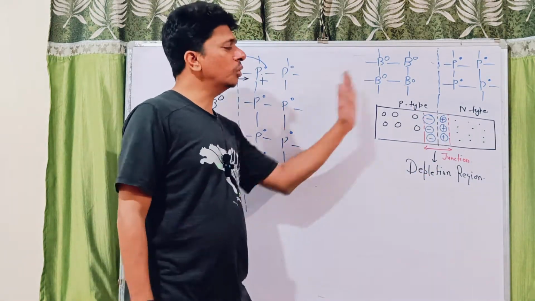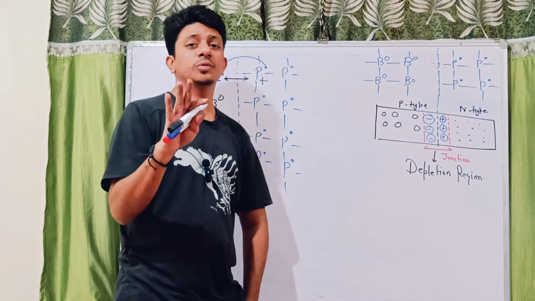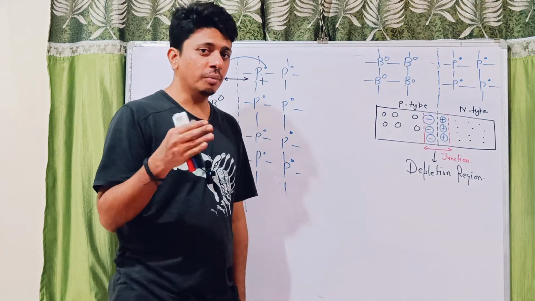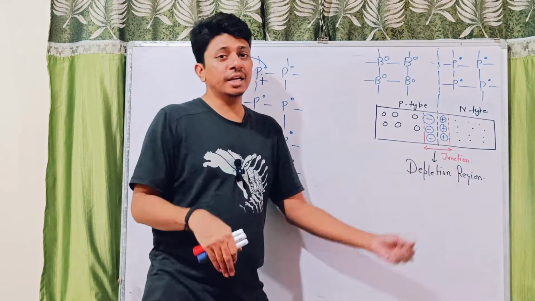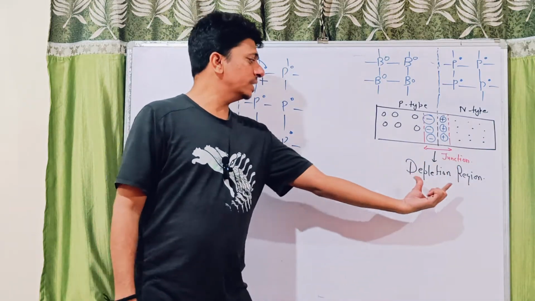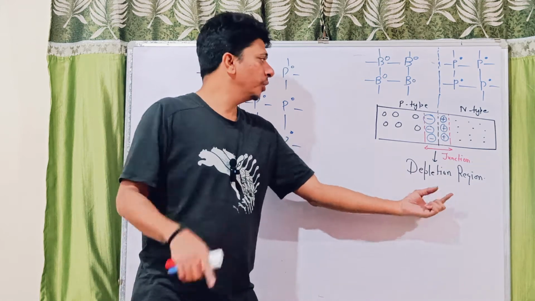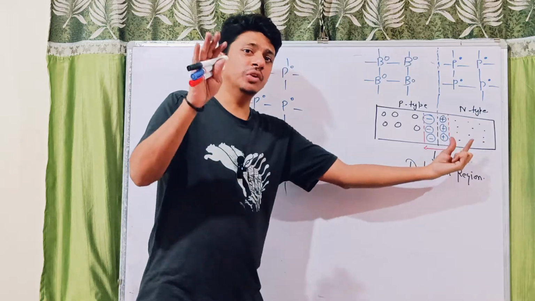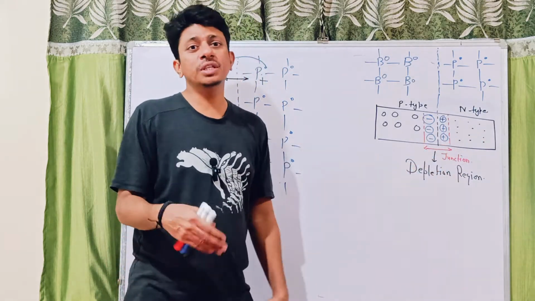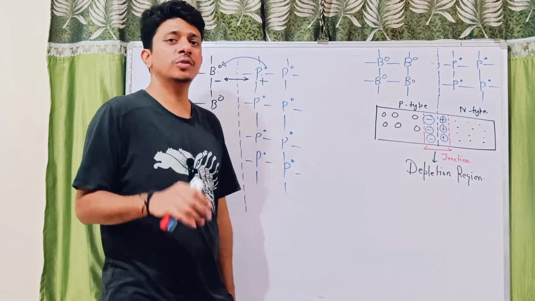Behind that, there are so many covalent bonds also present. From now onward, we are going to draw this picture again and again. Why this is called depletion region, we know. Why this is called p-type region, we know. Why this is called n-type region, we know. How these negative and positive ions are created, we also know.